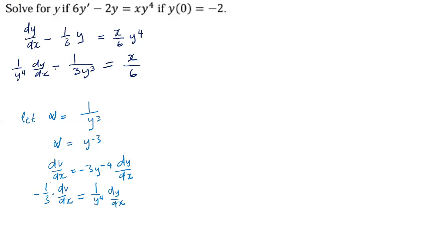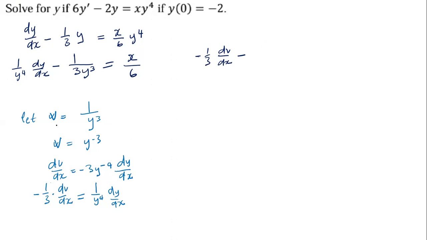Now look at this. Again, it is the same as that one. I'm going to substitute this in that equation. Therefore, on this equation, we substitute -1 over 3 multiplied by dv over dx, subtract.